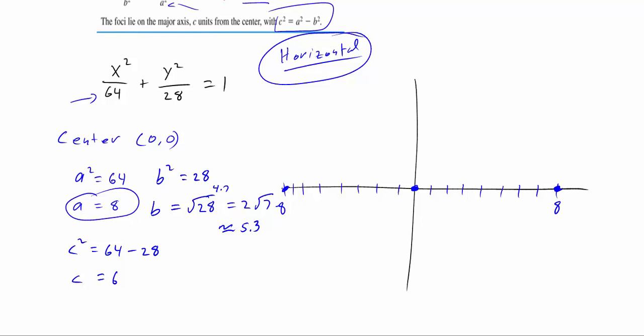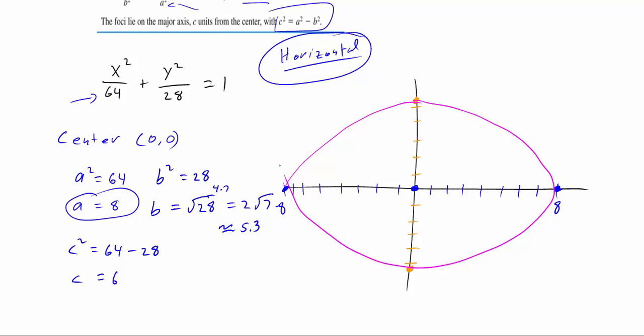Then our b value, we said, is a little bit more than 5, so we could go 1, 2, 3, 4, 5 up, and 1, 2, 3, 4, 5 down. So then we have our ellipse, something like this.